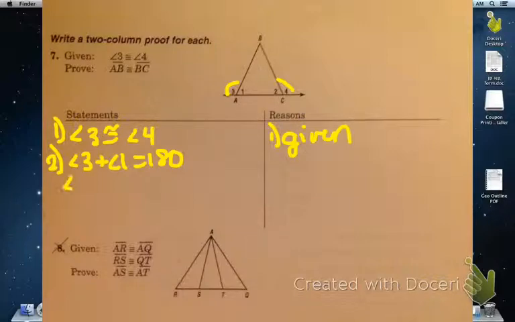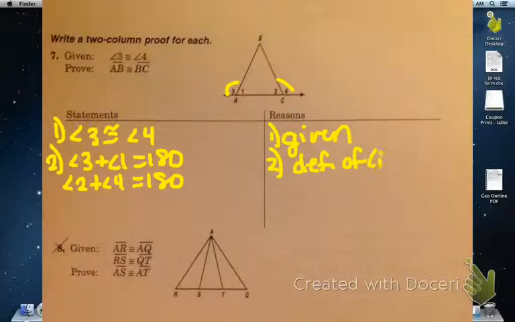Angle 2 and angle 4 is also 180. And we know that because they're a linear pair. Okay, remember, linear pairs are any 2 angles that form a straight line, and they always add up to 180.